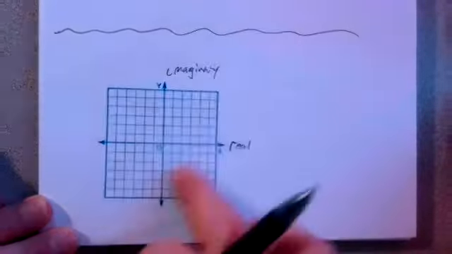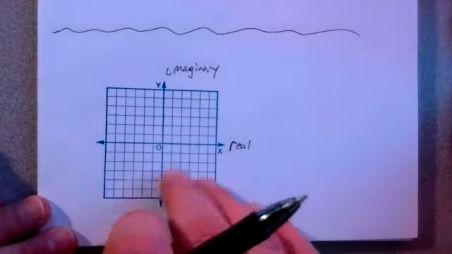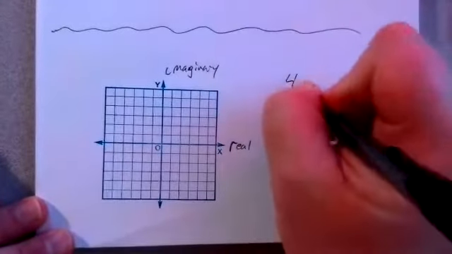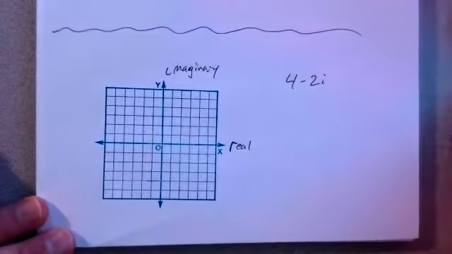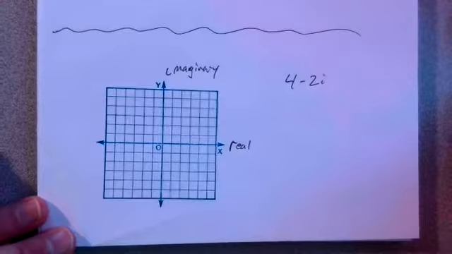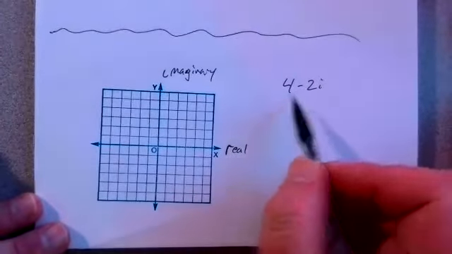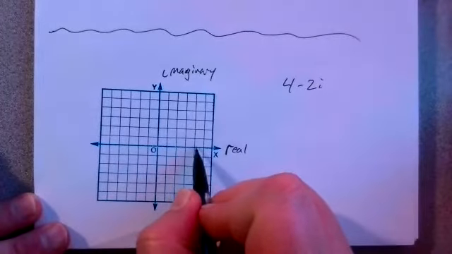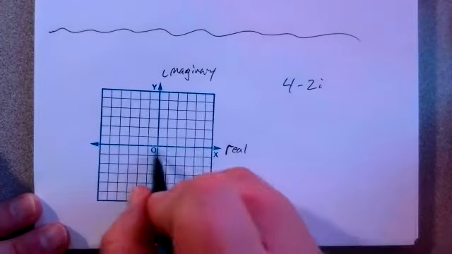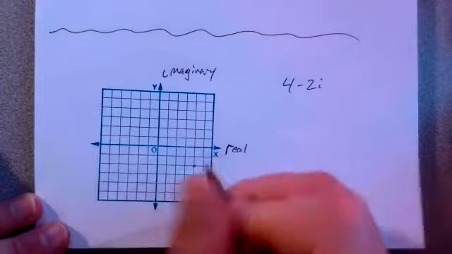So I could, in theory, take a look at this as real and imaginary. So I could plot things like 4 minus 2i, the real part 4. Let's do something erasable here. So 4 minus 2i would be 4 in the real, and the imaginary would be -2. So it would be 1, 2, 3, 4. That would be this point right here, right?